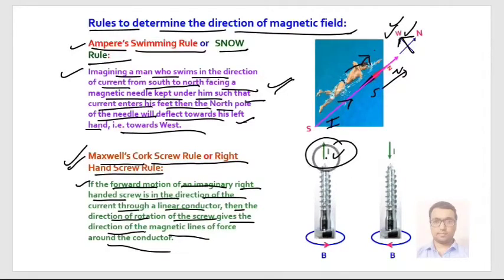Then this is the direction of rotation of the screw. So this direction will represent your direction of magnetic field. Suppose if current is flowing in the opposite direction, then the direction of magnetic field will be opposite, according to the direction of rotation of the screw.